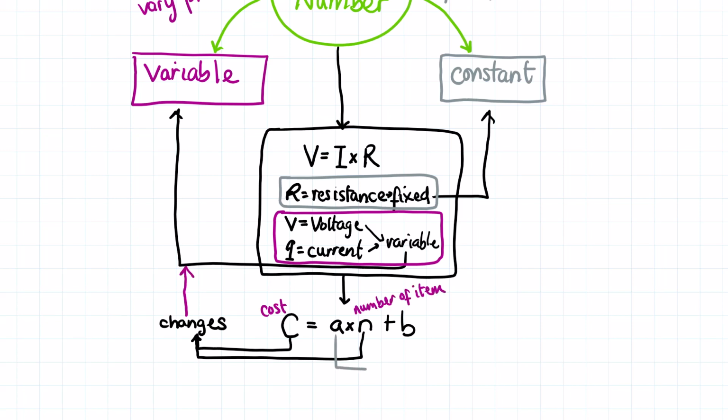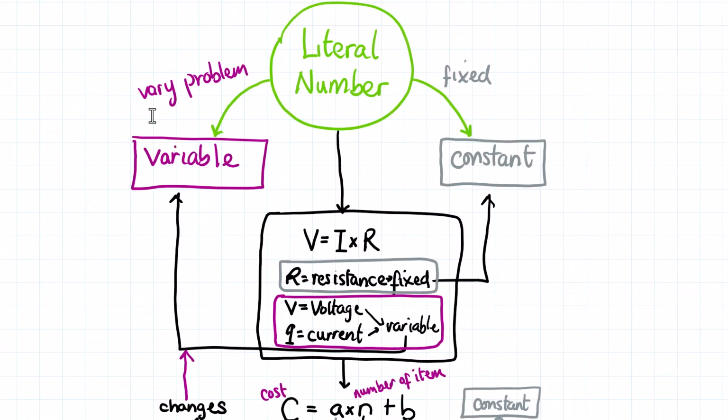However, A and B are known as constants, which are numbers that don't change in this particular equation. And so that is something to keep in mind about literal numbers when it comes to variables as varying in a problem versus constants, which are numbers that are fixed in a problem.